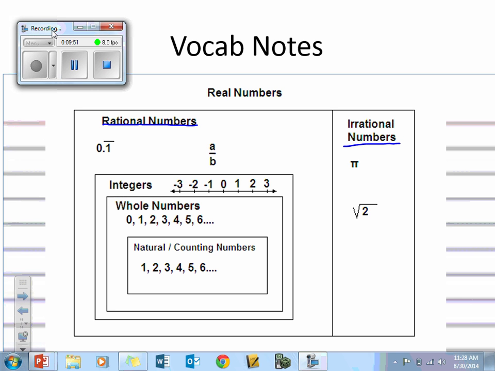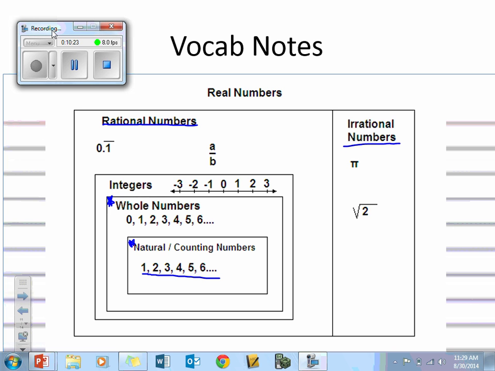Within rational numbers, you have some subgroups. I like to start with the inside group. Those are your counting numbers. Like I would count some books, 1, 2, 3, 4, 5, 6, 7, 8, 9, 10. It doesn't contain 0. Then when we go from the inside out of the rational numbers, we would then go to whole numbers, and whole numbers include 0.